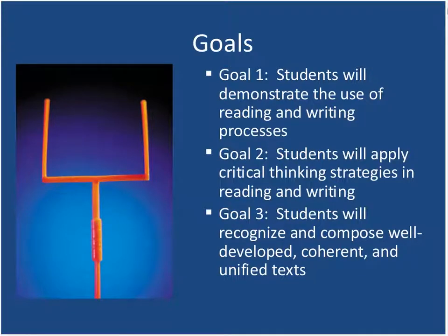Using critical thinking strategies in both reading and writing, and showing students how important it is to be able to get at those kinds of things in a reading and then to make their writing substantive enough that there's some meat to it, that it's not so superficial. And then having students recognize and compose well-developed, coherent, and unified texts. So the idea all the way through is to just keep that back and forth between reading and writing, so that one is almost a mirror image of the other.